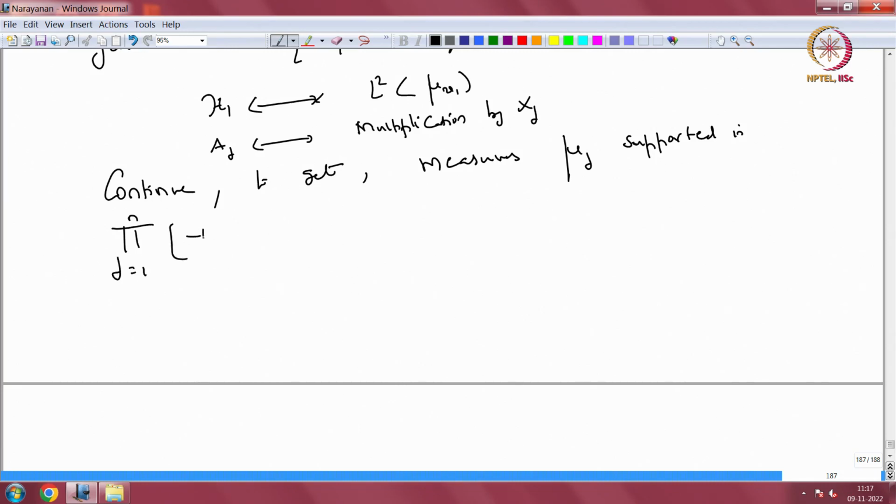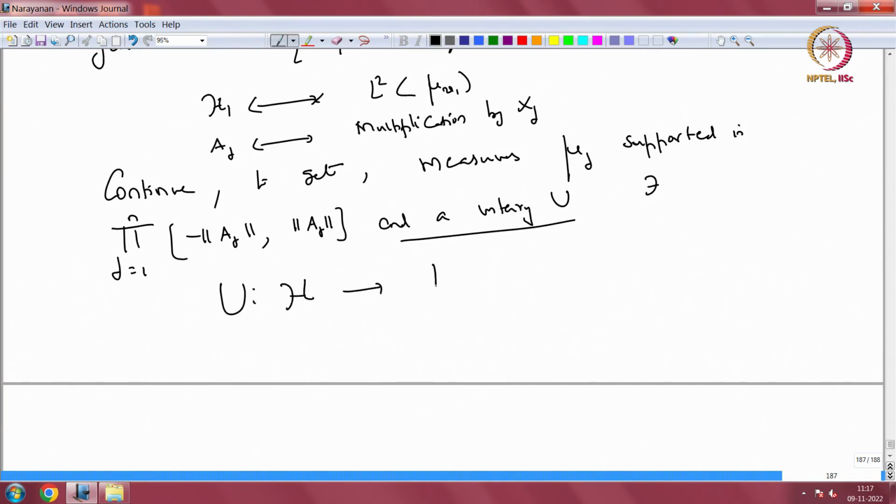So, I will write the general statement now: the product of the intervals from minus norm Aj to norm Aj, right. So, instead of minus 1 to 1 you have this, and a fixed unitary u such that the unitary will identify your Hilbert space H with L2 of this product space, but there is a direct sum, right.